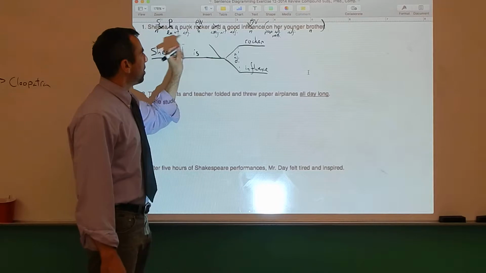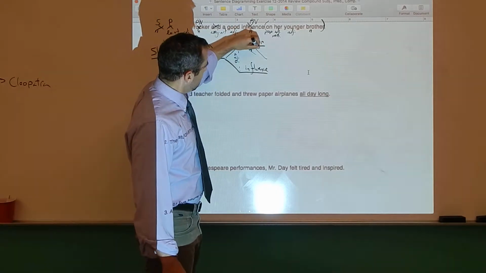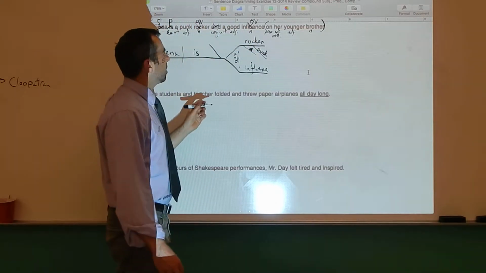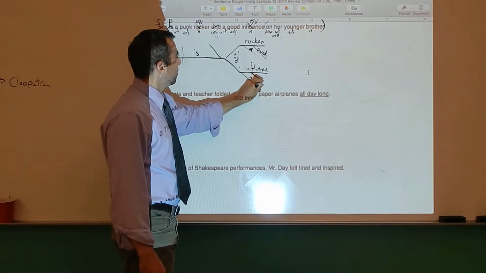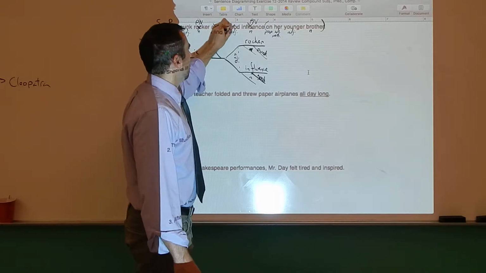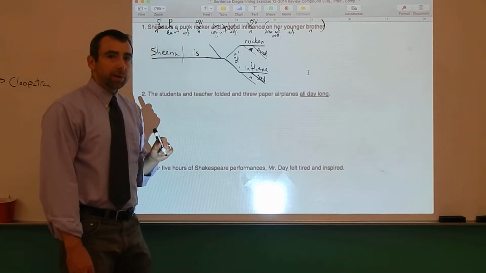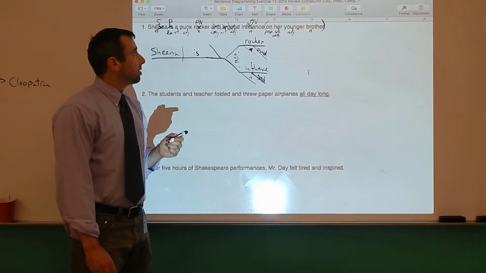Okay, Sheena is a punk rocker. A punk rocker. And what kind of influence? A good influence. Okay, now there's one more question that I have for you, and it's going to sound sort of silly. But it's easy to make a mistake here. And the question is this.